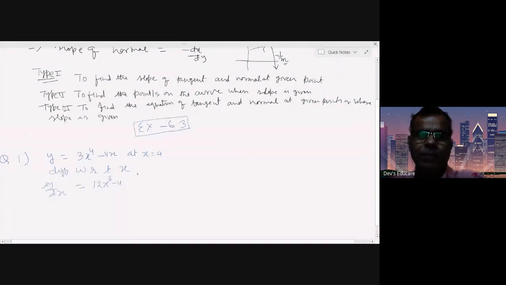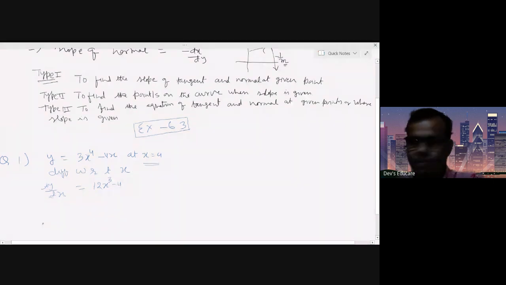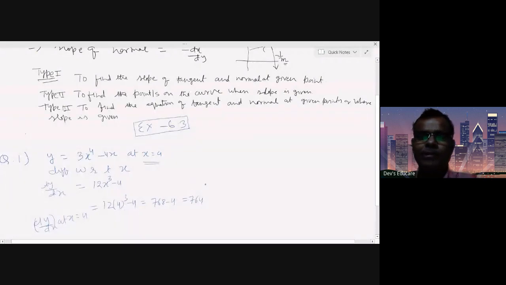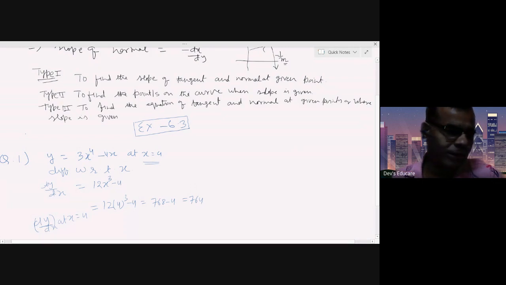We have to find the slope at x equals 4. So dy by dx at x equals 4 is 12 into 4 cube minus 4. That comes to 768 minus 4 equals 764. So this will be 764. It was quite an easy one.